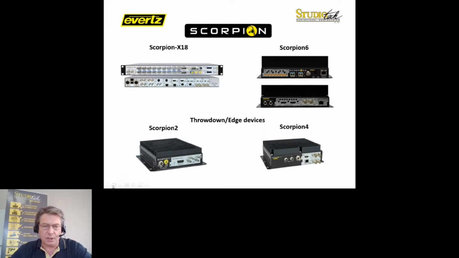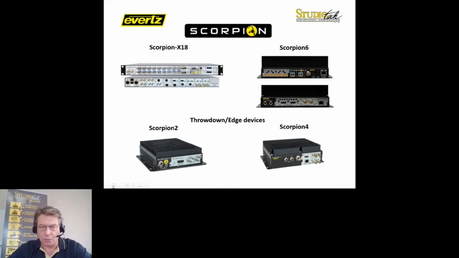The X18, the concept of Scorpion is that it's basically using small miniatures. It has several slots, and you can fit it in with MIOs, which are miniature I/O concept devices that support any interface that I showed in the previous slides. So it's a very flexible platform.